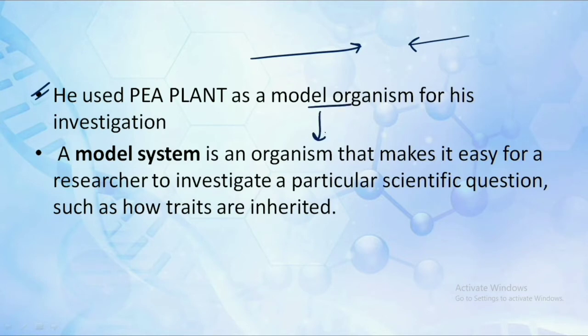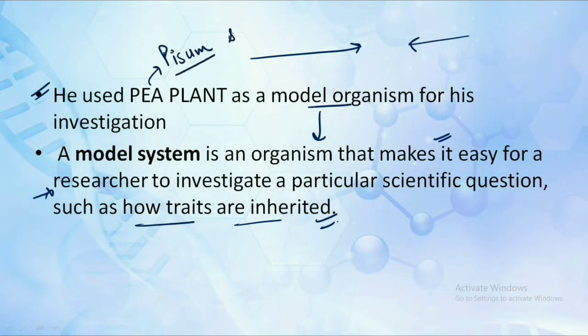A model organism is an organism that makes it very easy for the researcher to investigate a particular scientific question. That is, it helps the scientist understand how the traits are inherited. He used pea plant for the same purpose, and pea plant in scientific terms is given the name Pisum sativum. So make sure you remember the scientific name also.